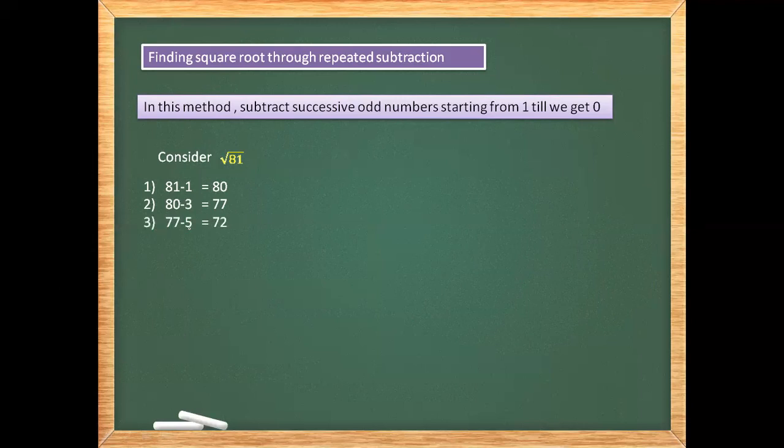So 77 minus 5 is equal to 72. After that, 72 minus 7, 65. 65 minus 9, 56. 56 minus 11, 45. 45 minus 13, 32. 32 minus 15, 17. And 17 minus 17 is equal to 0.